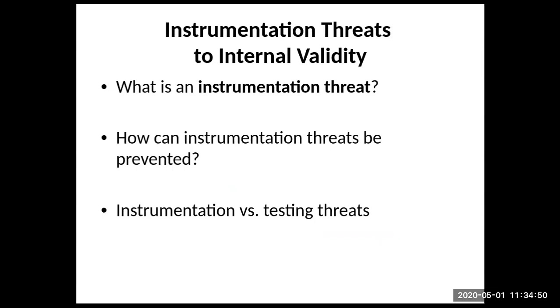So again, instrumentation threats to internal validity. What's an instrumentation threat? That a coder gets more lenient, relaxes a little bit, doesn't concentrate as much, or equipment that you're using to measure is no longer calibrated and may need to be recalibrated. I think about playing a guitar, and the more you play it, the more the strings pluck, the more it tends to get out of tune.